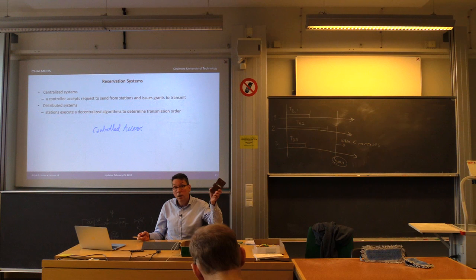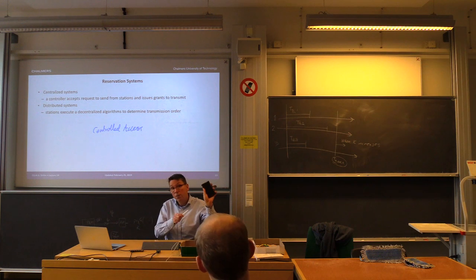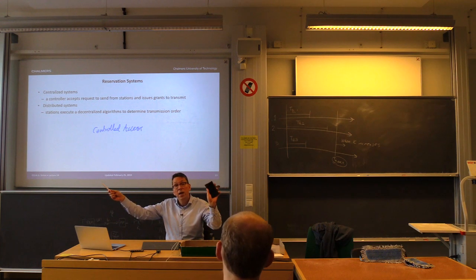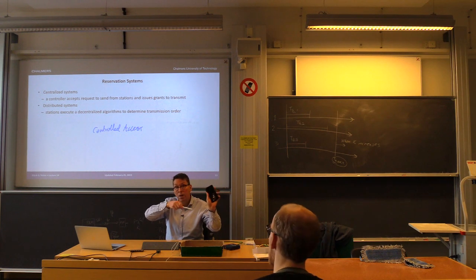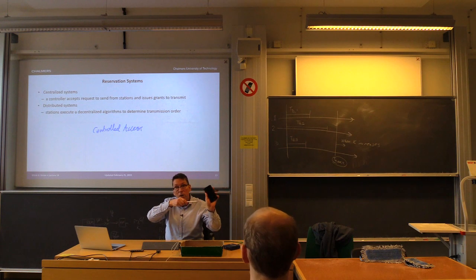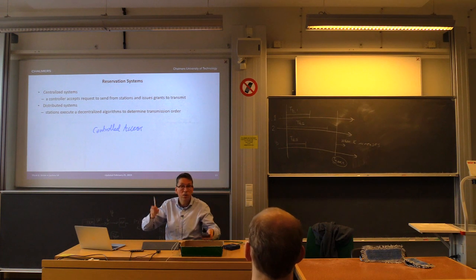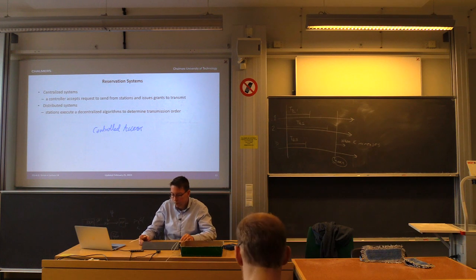If this user equipment, this phone, would like to transmit something, it first contacts the base station and says, hey, I have some data to transmit, is this okay? And then the base station says, yes, you can, right? And here's when and where you should send it, like at what frequency, at what time, with what modulation format, and all these things, right? So that's an example of this in practice.